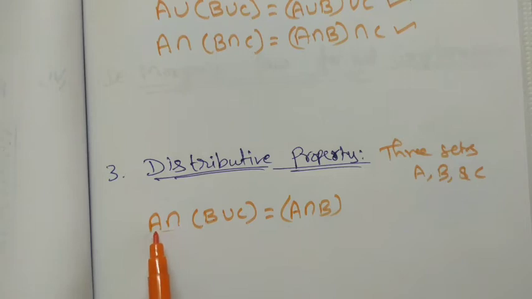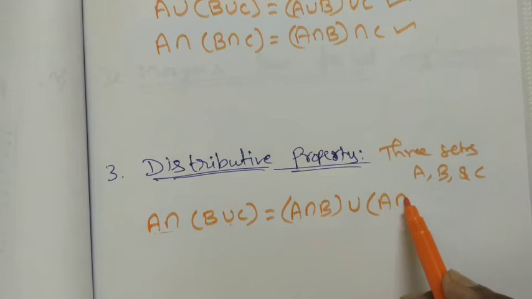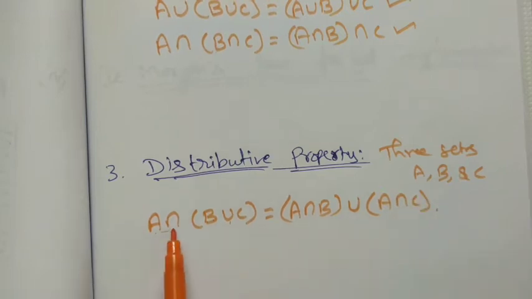Just imagine A being multiplied with B with that symbol, and then we have union, and then A multiplied with C. So A intersection (B union C) is equal to (A intersection B) union (A intersection C). This is intersection over union.